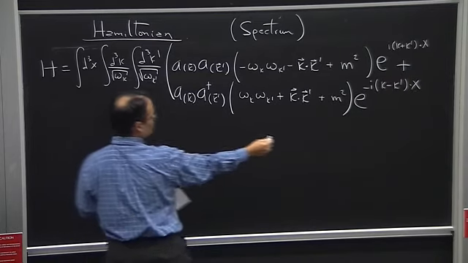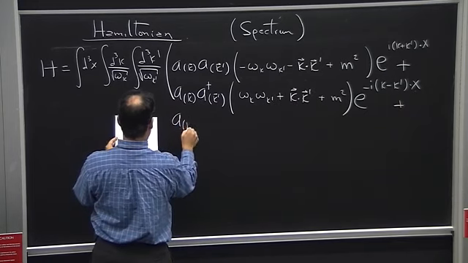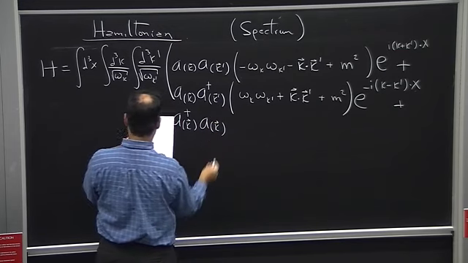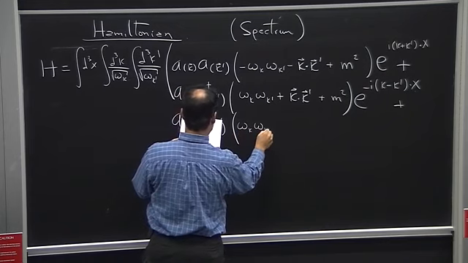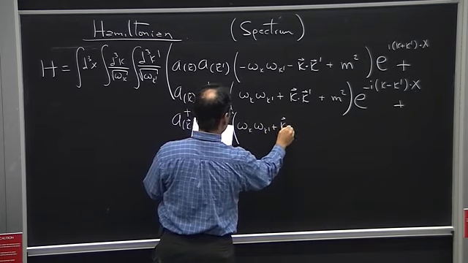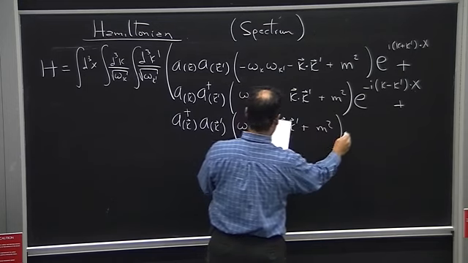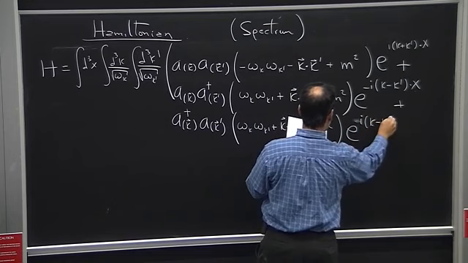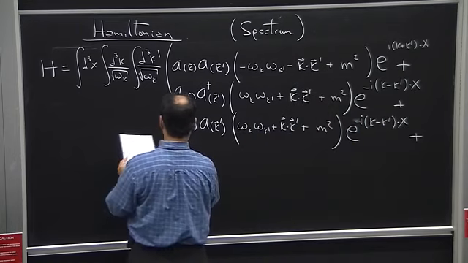Now the next term is something that looks like a of k dagger a of k prime, plus the last one.